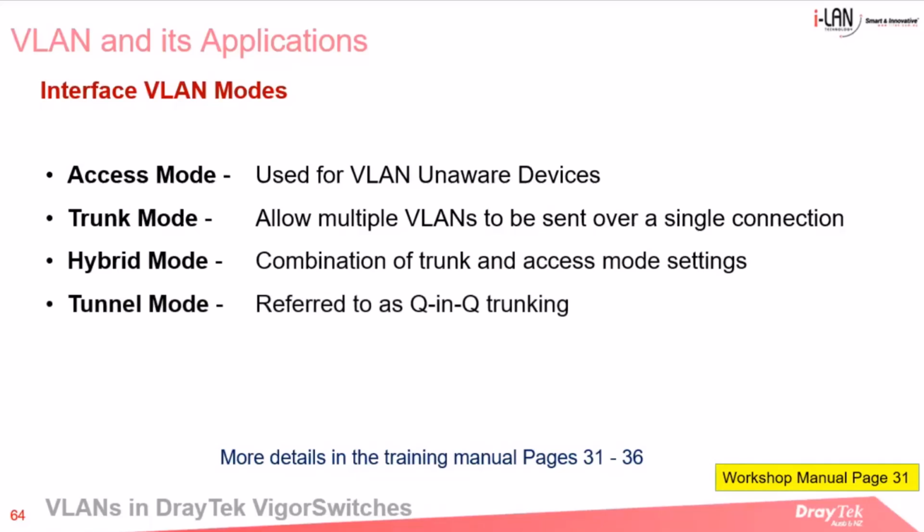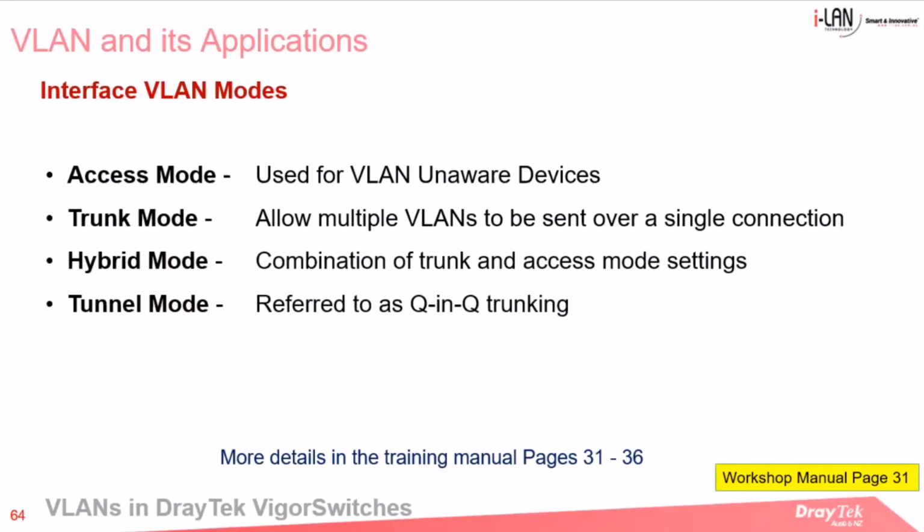And the tunnel mode refers to QinQ trunking. This is available in our layer 2 switches, and is mainly used by ISPs for their MPLS networks. If you want to learn more about this, we also include it in our manual from page 31 to 36.